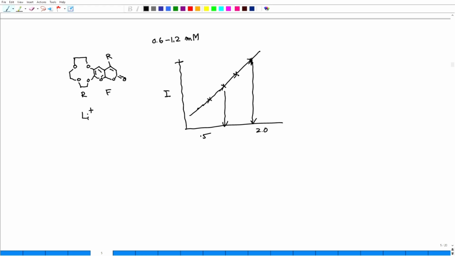Intensity of fluorescence emission will give us an idea about the concentration of the analyte. From intensity we can know that we are in the right range of 0.6 to 1.2 millimolar. So, these things are very, very important, all right.